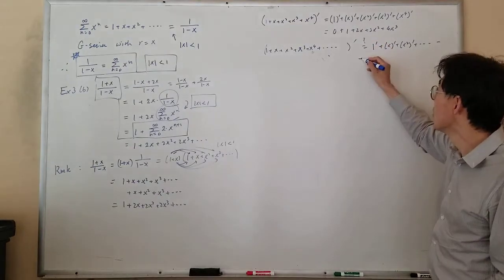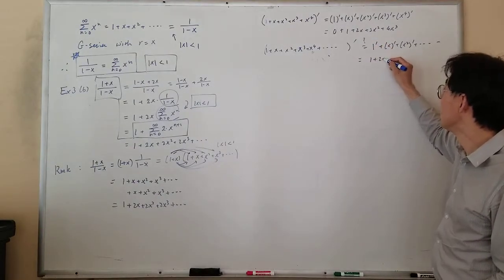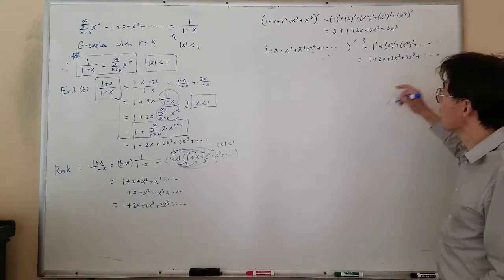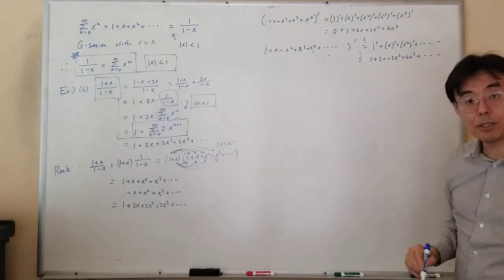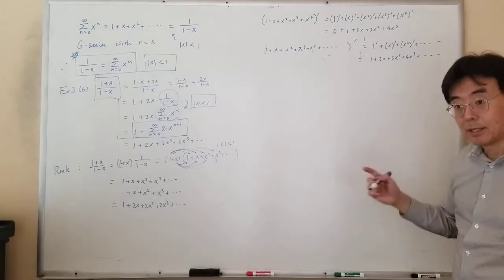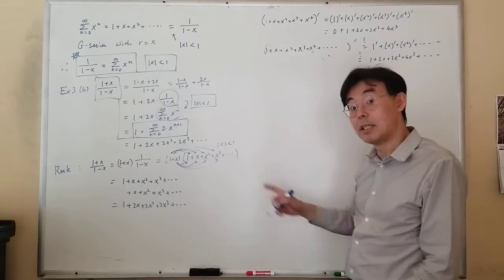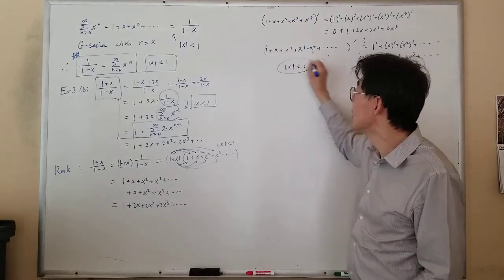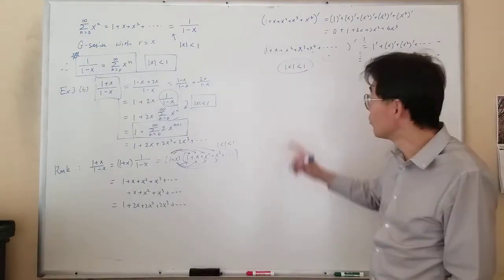That's the question. Would it be the same? Now this one keeps going. Would it be equal? All right. The answer is yes, you can do that as long as you stay in the same radius.